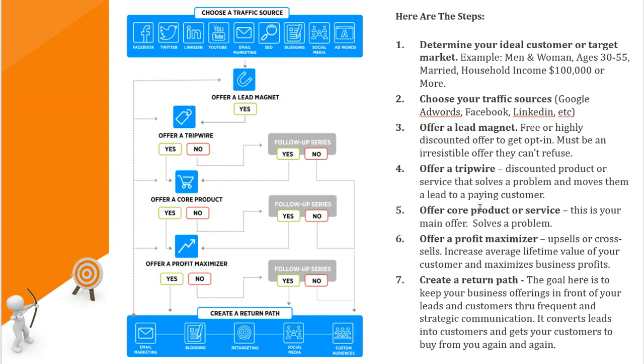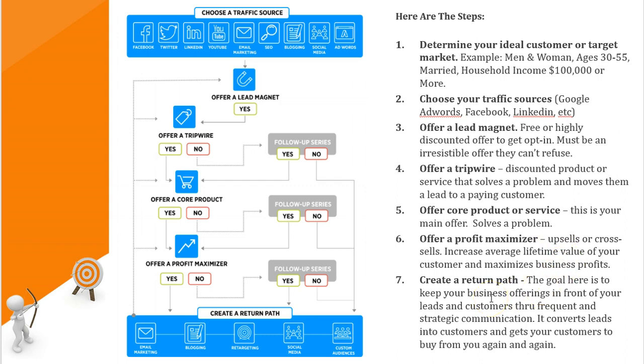When I buy that burger, I'm probably going to want the fries and the drink as well. So you have to look at the products and services that you're offering your customer. What else can you sell to them that would solve their problem and make their life easier? That's really a profit maximizer. It increases the average lifetime value of your customer and maximizes your business profits.